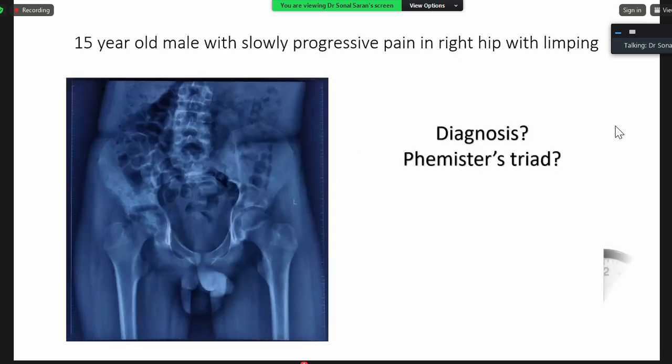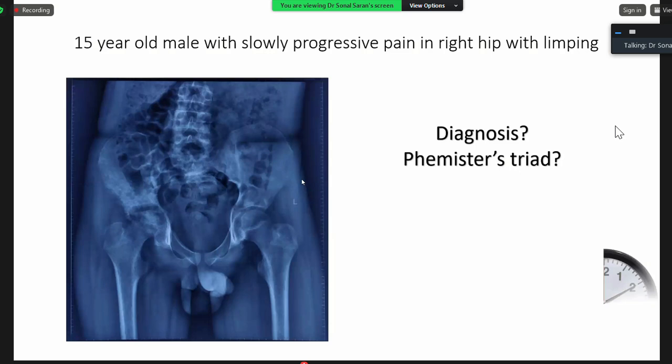So this is a 15-year-old male with slowly progressive pain in the right hip with limping. This is a radiograph of a child, and you can see there is some problem in the right hip.